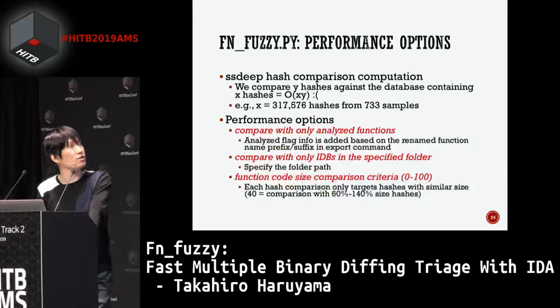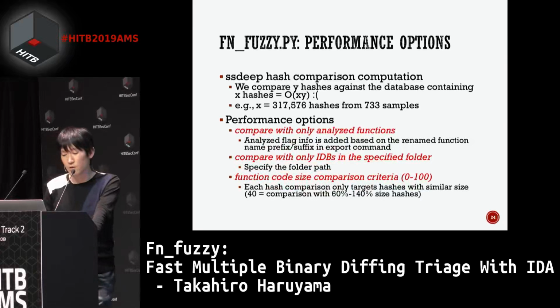The third option is related to code size. Each hash comparison only targets hashes with similar size. By default, the value is 40.